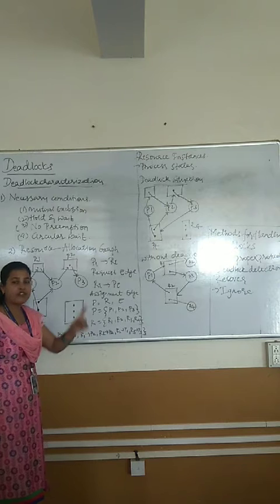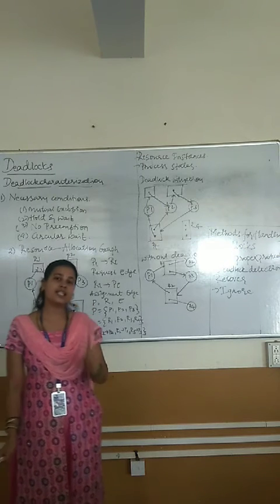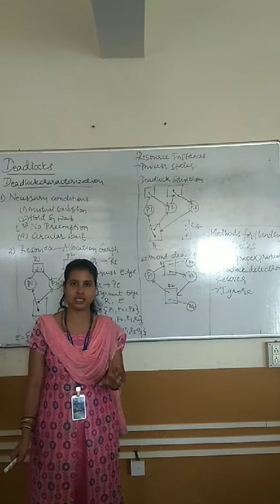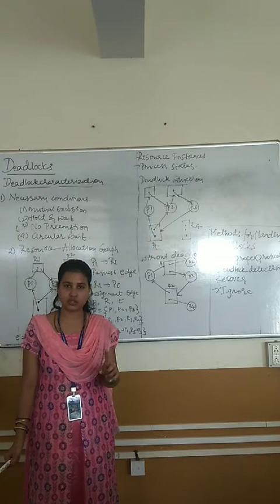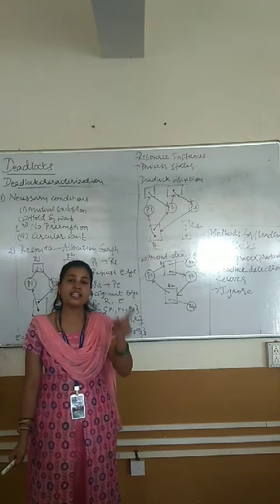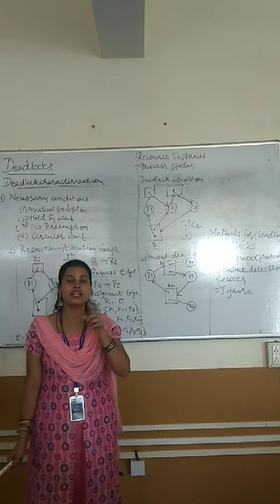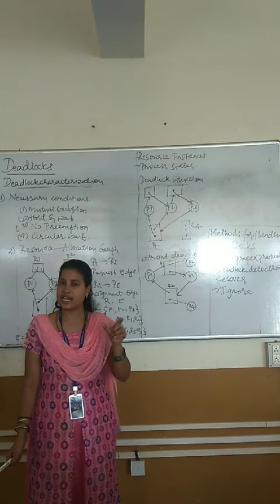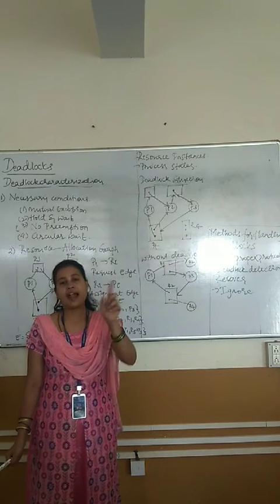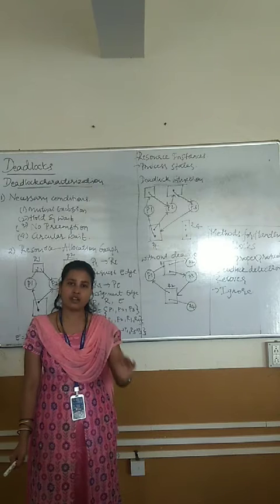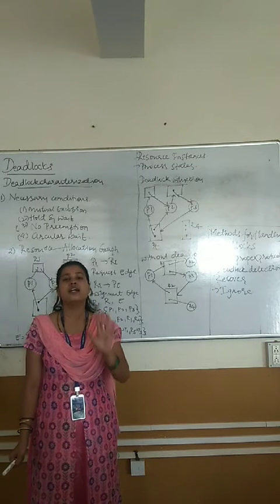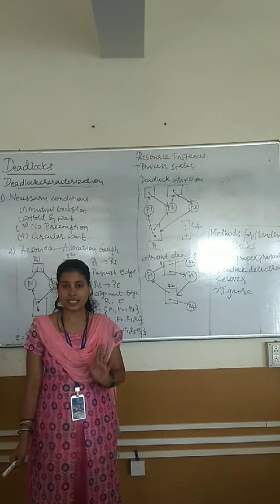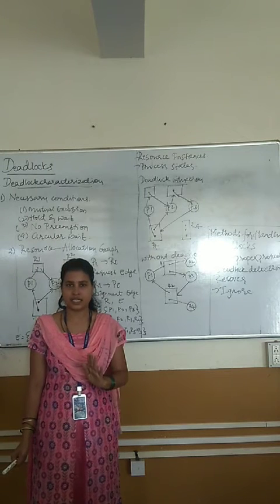If and only if there are single instances of the resources, and there is a cycle existing in the resource allocation graph, then that cycle becomes a necessary and sufficient condition for the deadlock to happen. If there are only single instances, then deadlock will happen if a cycle exists.